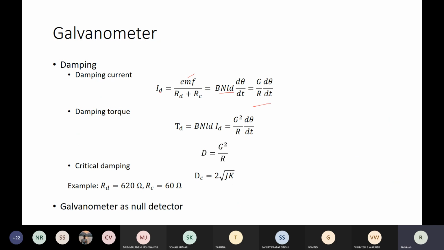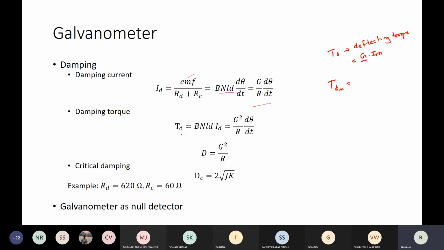Now remember, the torque associated with the damping current is the damping torque. So you don't confuse TD, which is associated with the deflecting torque. So deflecting torque is G into I. If you remember, I is the current which is being measured, G is the displacement constant, right?